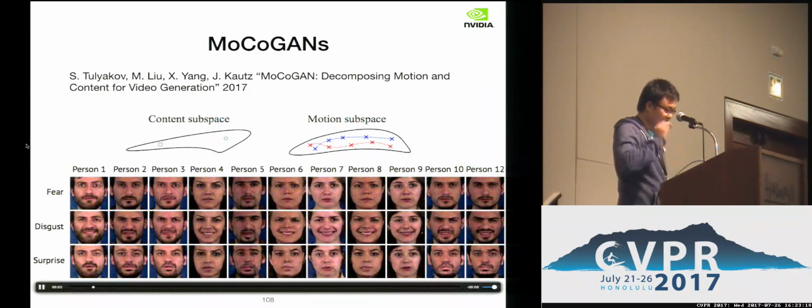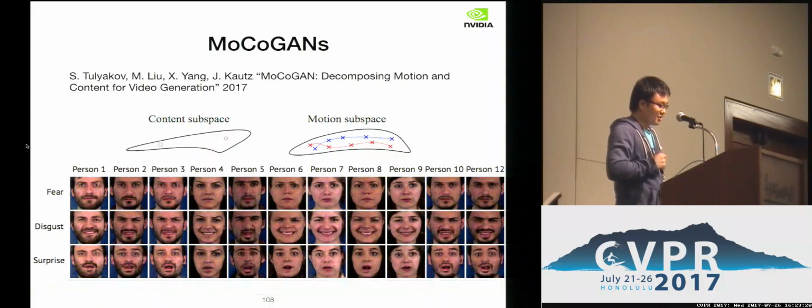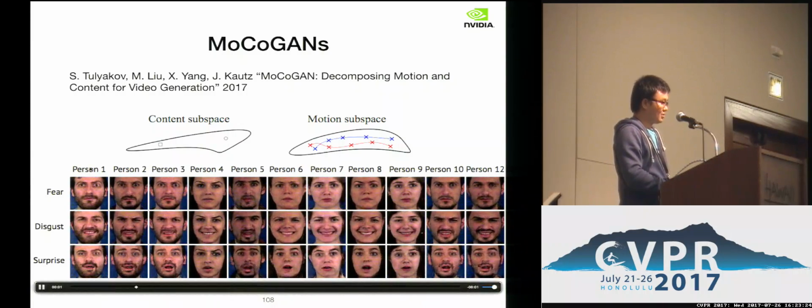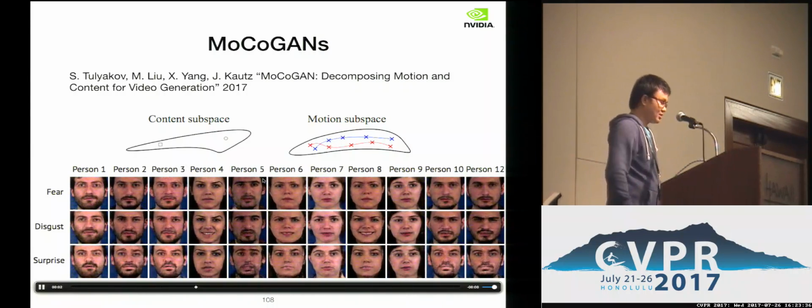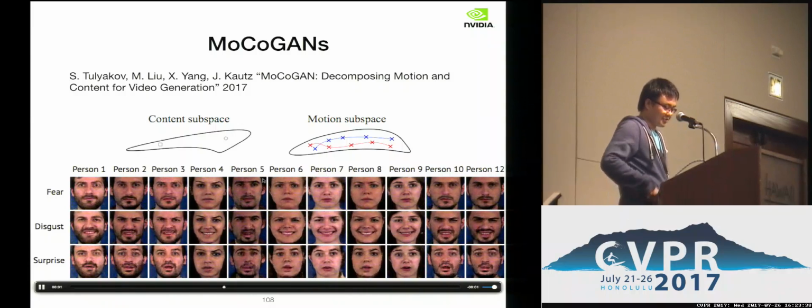So this is a video showing the result. By using the same latent code with different motion codes, we can generate the same person doing different expressions. And by moving in the Z space, we can come up with a different person doing the same expression.